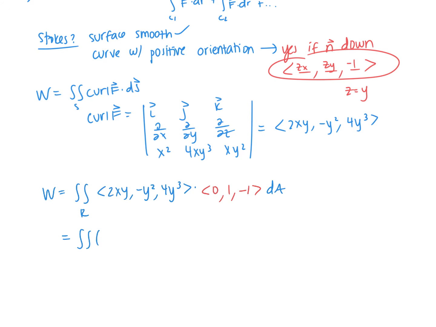So then that would become negative y squared minus 4y cubed. Our region, thankfully, is rectangular, so I'm going to integrate with respect to y first and then x. y goes from 0 to 3, and x goes from 0 to 1. And if you trust me, you get an answer of negative 90.